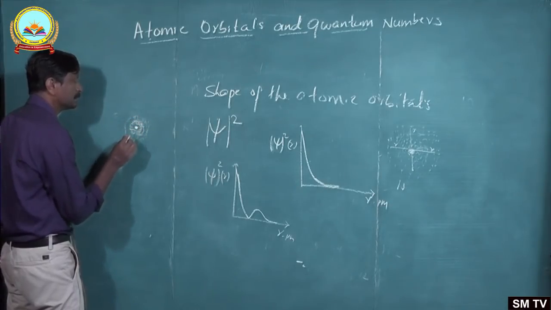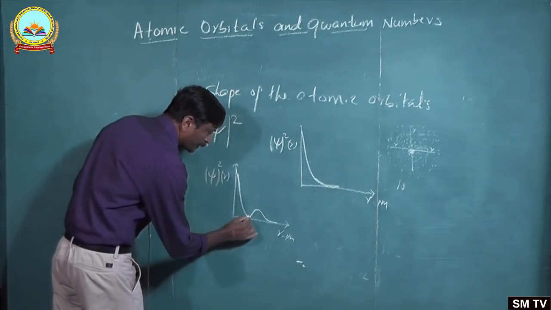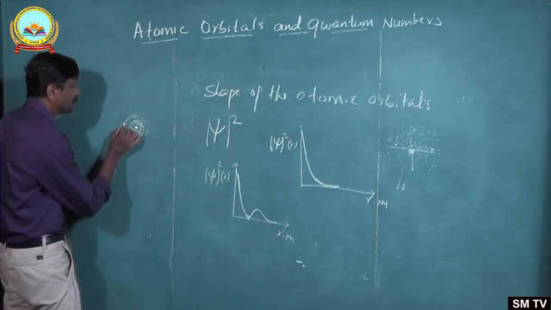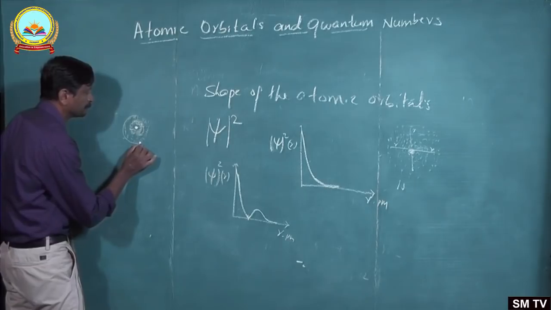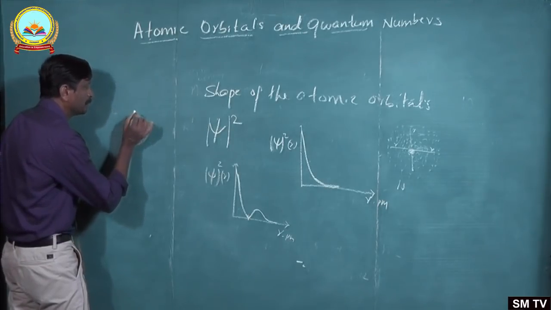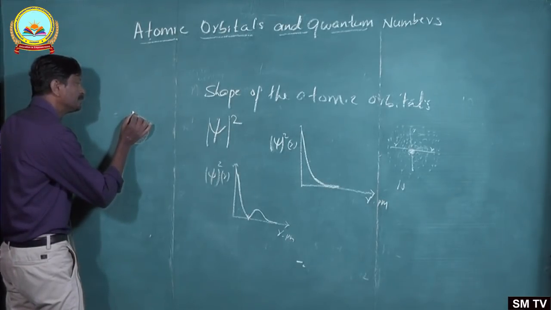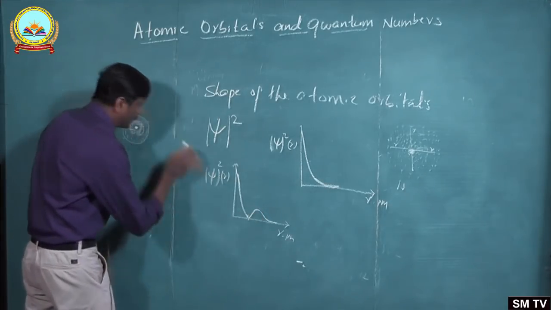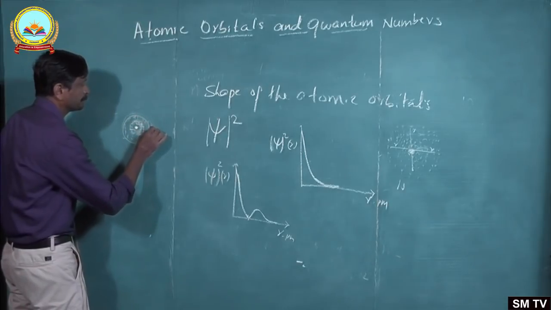At one point, this point, the electron density is 0 on this surface. After that, again it has some electron density like this.